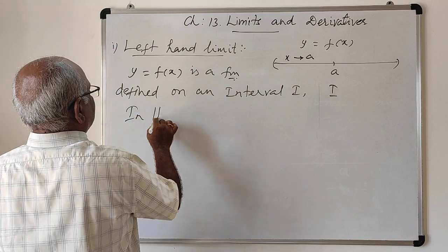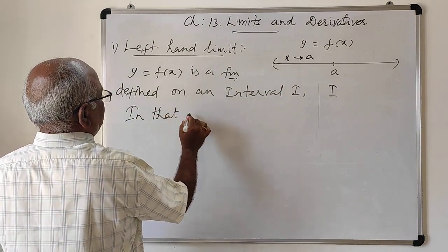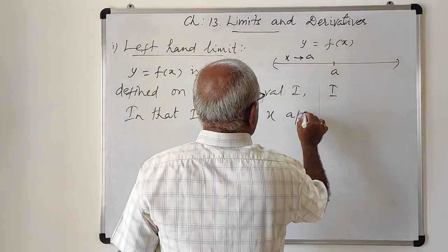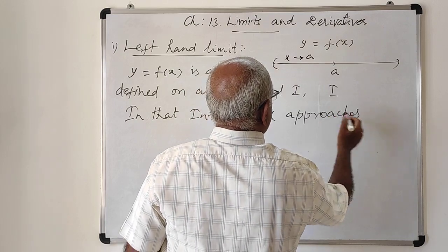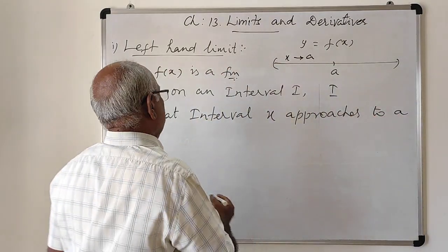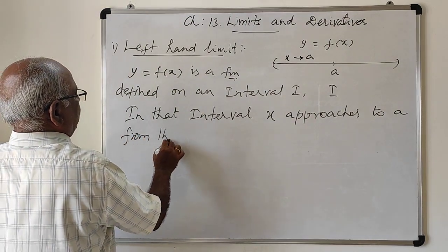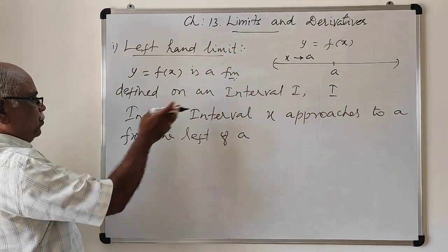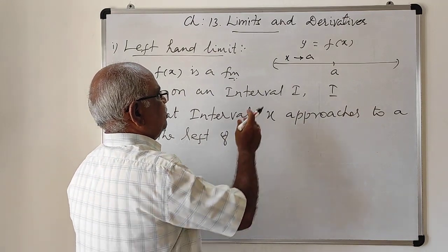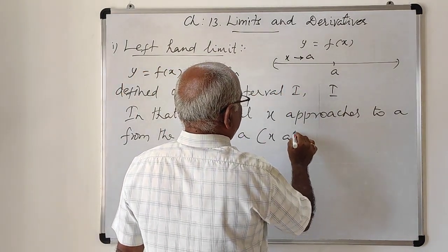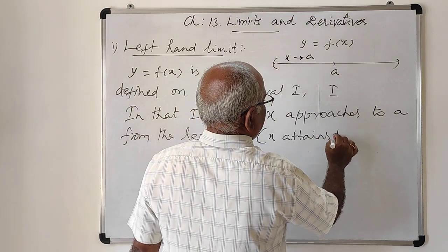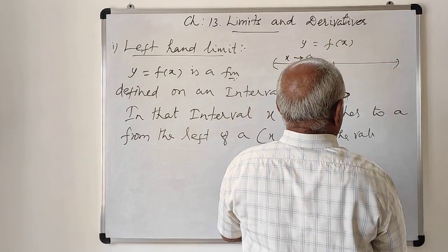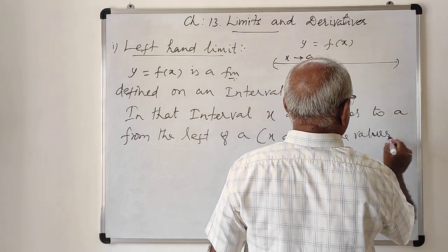In that interval, x approaches a from the left of a, that is, x attains the values less than a.